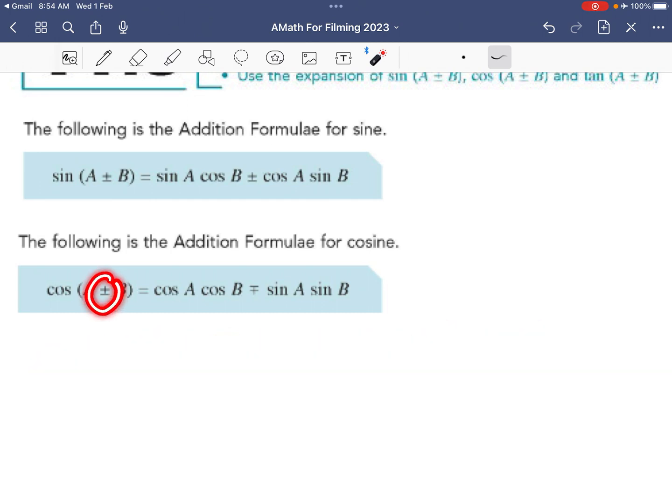For cosine itself, the formula is actually flipped in the sense that the plus and minus become minus and plus.